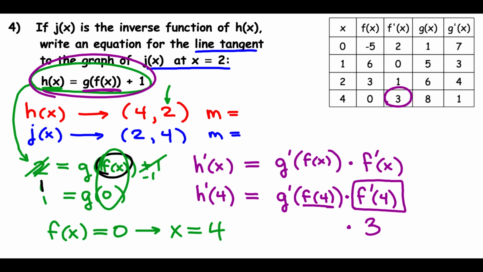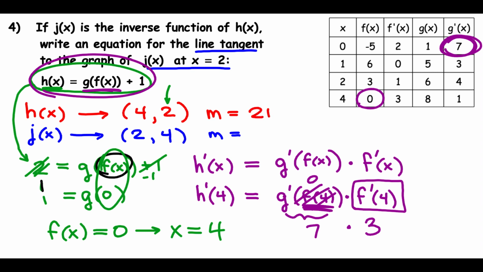F of 4, which is inside the parentheses, is 0. So let me replace this with a 0. And g prime of 0 is 7 right here. So this whole thing is a 7 times 3, meaning that when you hit the point (4, 2), the slope or derivative of the red h of x function is 21.